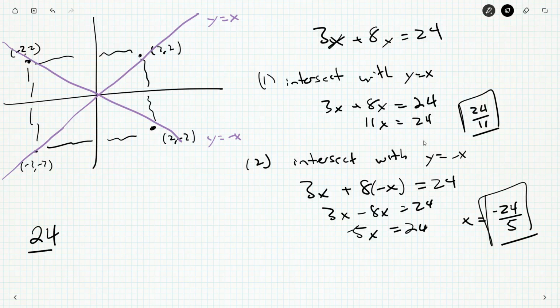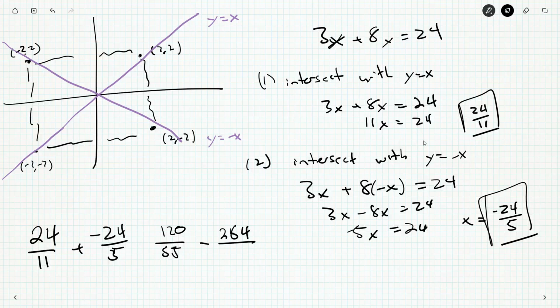So we wanted to add them up. Well, we could get our calculator out, but they gave us answers in fractions. Let's try and keep it as a fraction. Multiply by 5 here, we'll get 120 over 55. And subtract. And then multiply it by 11 on top and bottom, 264 over 55.